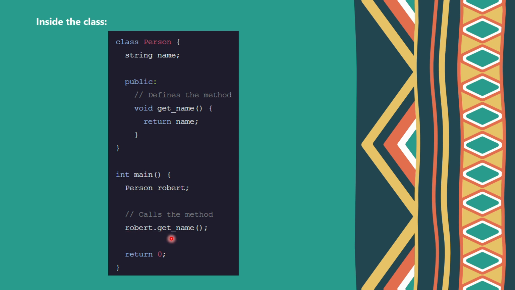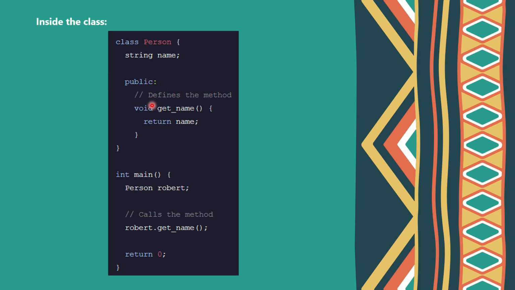So variable dot get name, get name is a method which I will be calling by using the dot operator, and return 0. Okay, now in the next slide I'll tell you what is the outside the class function.